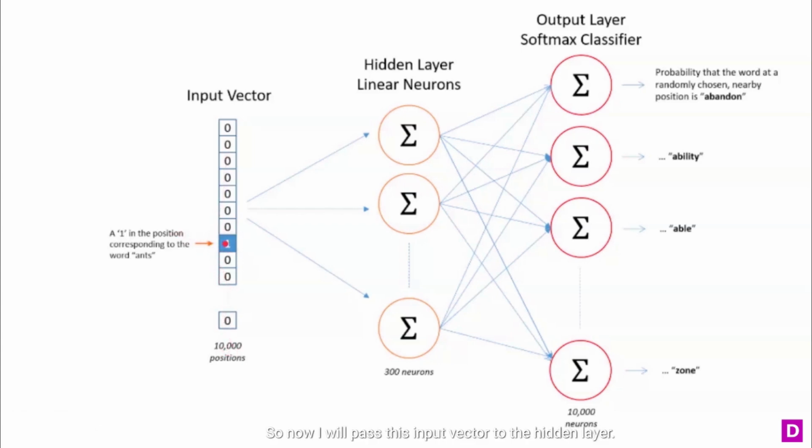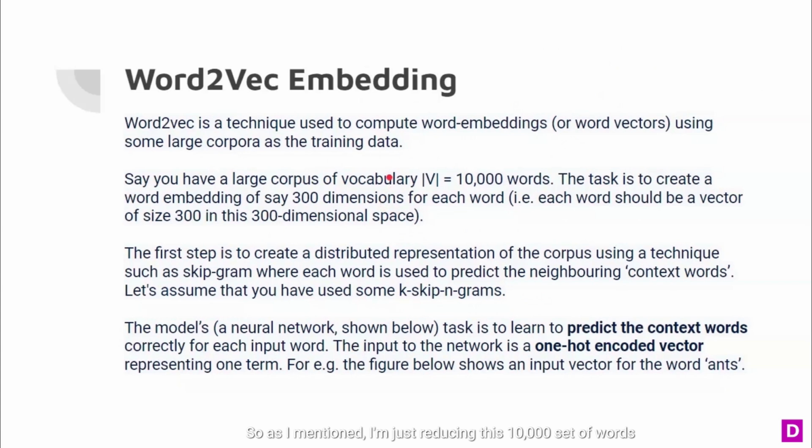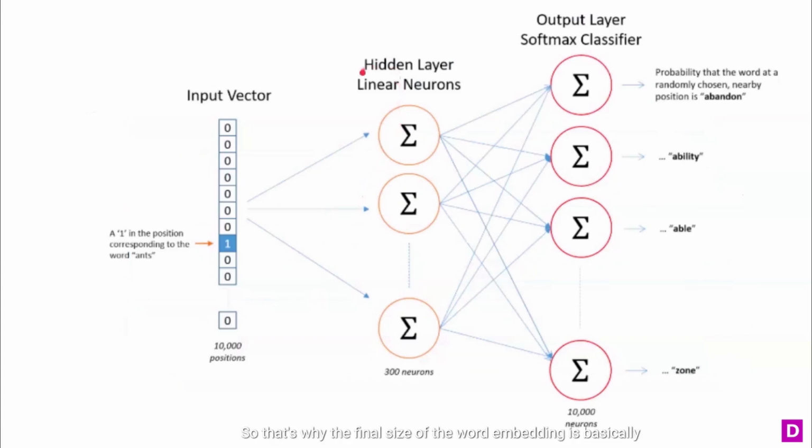Now I will pass this input vector to the hidden layer. As I mentioned, I am reducing this 10,000 set of words into a 300 dimension word, so I am creating an embedding of size 300. The final size of the word embedding depends on the hidden layer.